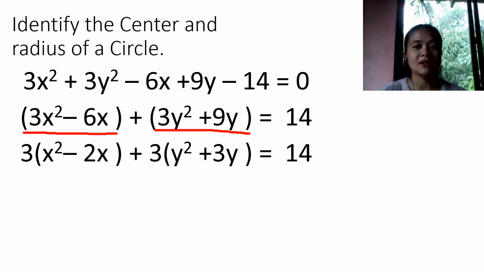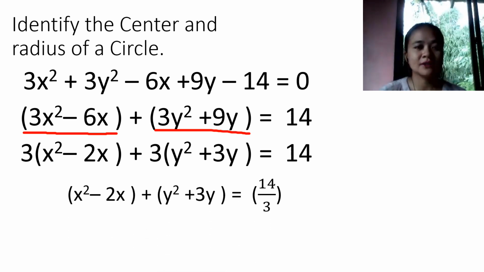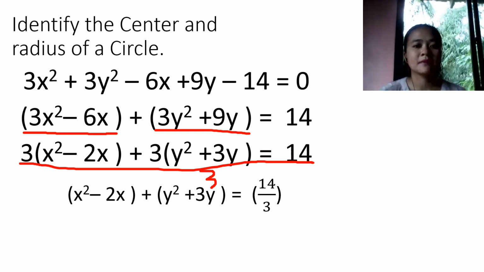So 3 times the quantity y squared plus 3y is equal to 14. After that, you have to divide both sides of the equation by 3. The result now is x squared minus 2x plus y squared plus 3y is equal to 14 over 3.